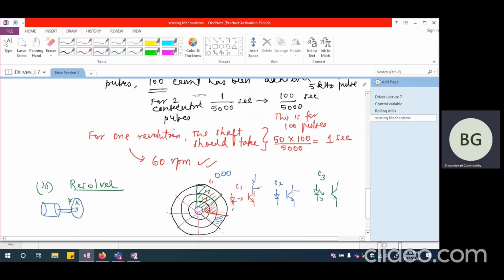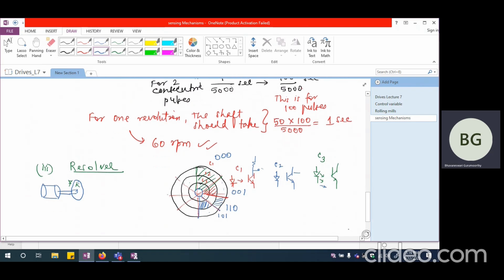Whereas this will correspond to 0, 0, 1, because the third phototransistor would not have gotten the light from the LED, as there is an intervening disk material sitting here which would not allow the passage of light. In the next one, this will be 1, 1, 0. The same way, if I carve out only this portion, and I have not carved out this as well as this, this is going to be 1, 0, 1.